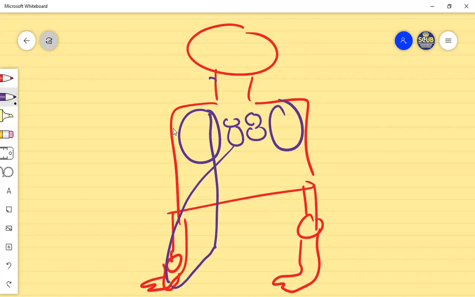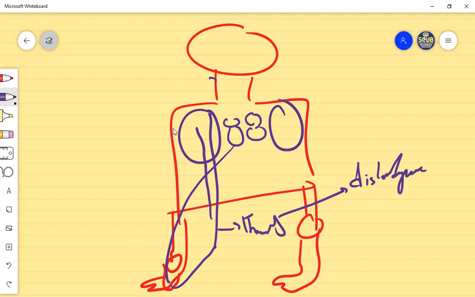The lung is here and here. Now there is a thrombus. This thrombus can be dislodged. So where will it travel? Up, where should this thrombus travel?